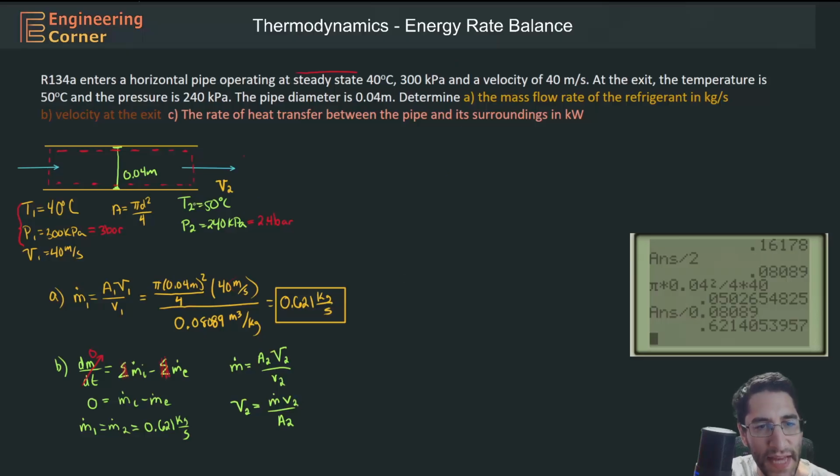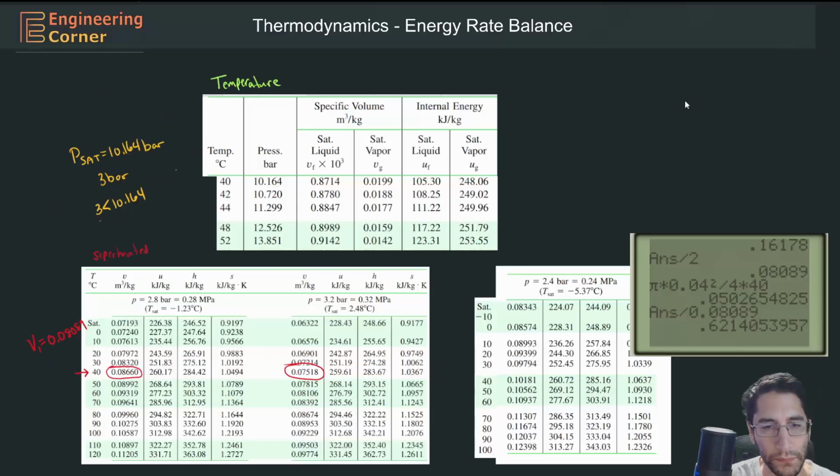We know that at this exit, we're now at 50 degrees C and 240 kPa, or 2.4 bar. So when we go to our table, at 50 degrees C, Psat is somewhere between 12 and 14 bar, right in the middle, approximately 13.1.